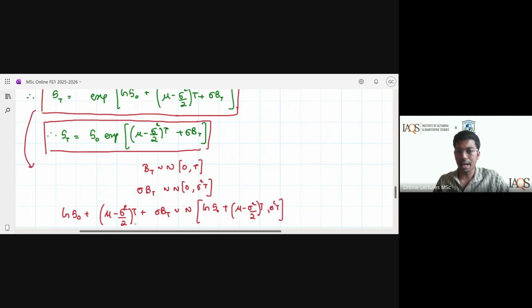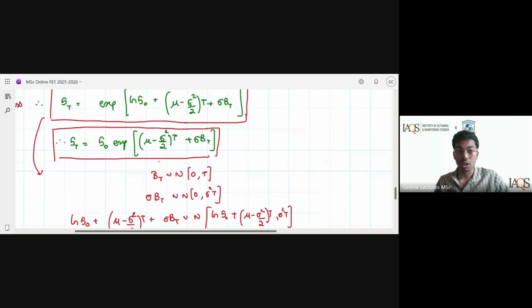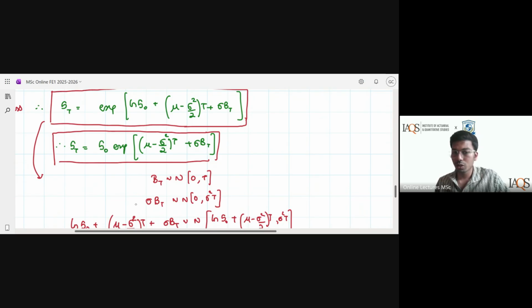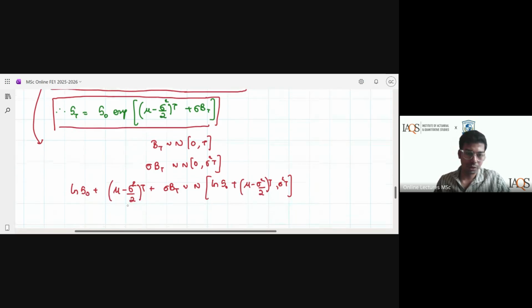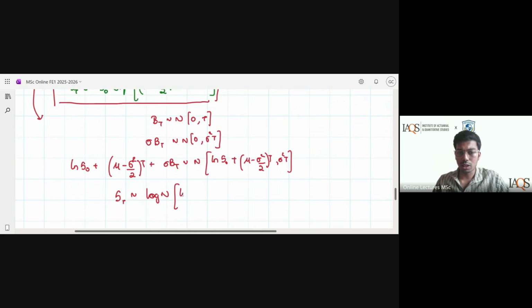Whatever I added goes towards the mean. Now, if this follows normal distribution, e to the power of this will follow lognormal. Perfect. So therefore, can I say St follows log normal distribution with parameters ln S0 plus (mu minus sigma square by 2)t comma sigma square t. This is nothing but your distribution form.